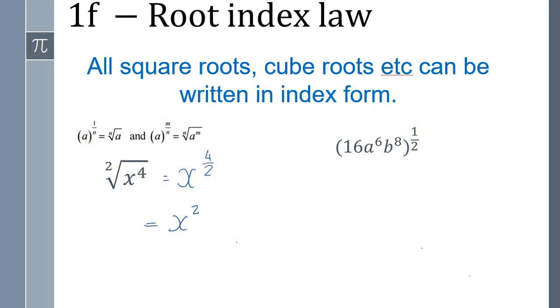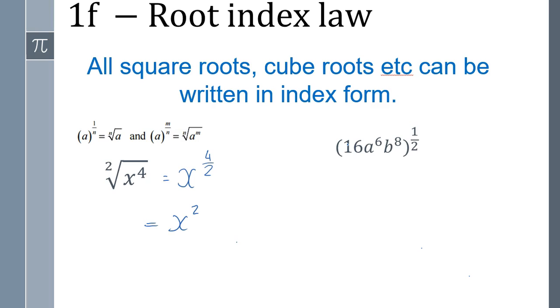So by changing it from the root form into index form, it actually makes it quite easy for me to solve. Okay, so I'm going to try the second one. And the problem I've got here is I've got a combination of bases to powers, and I've also got some just numbers. Okay, so 16 to the power of a half does not make much sense to many people.